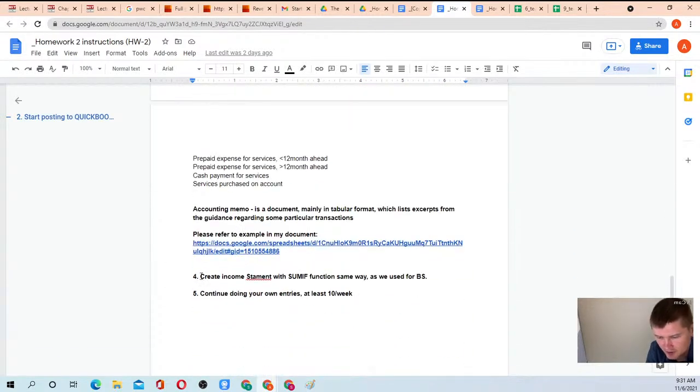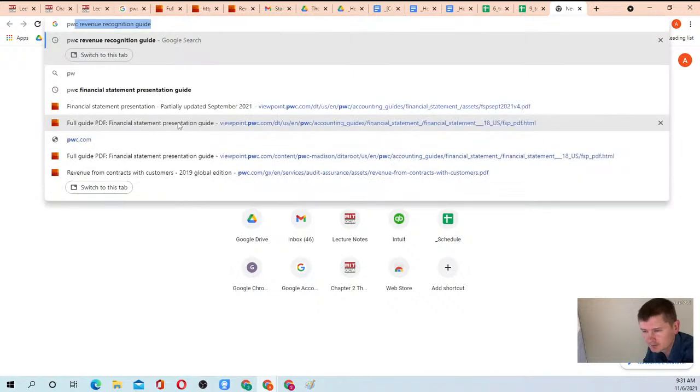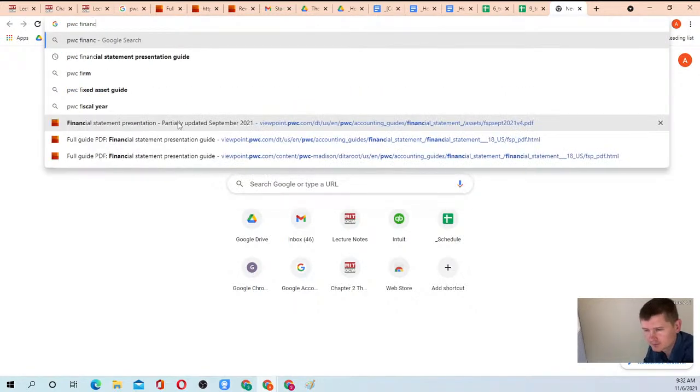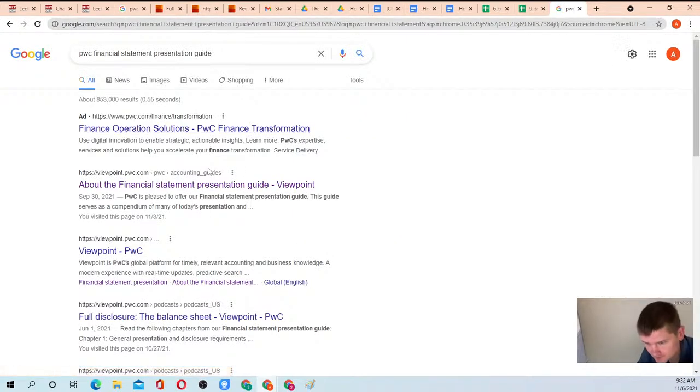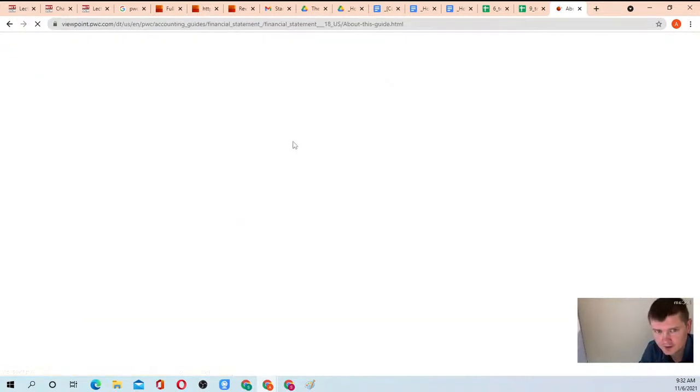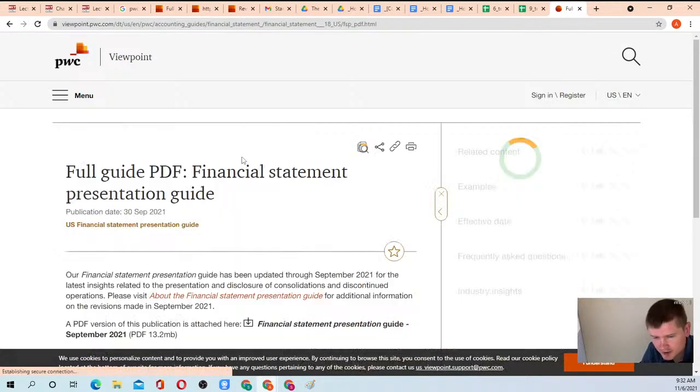The next topic was preparation of the income statement. For the income statement, we go to the PwC Financial Statement Guide, and we need to find a PDF version here.